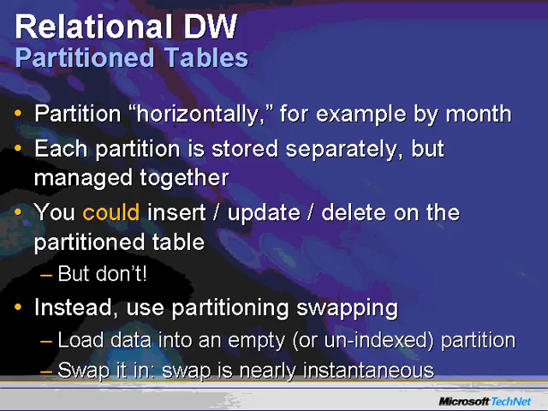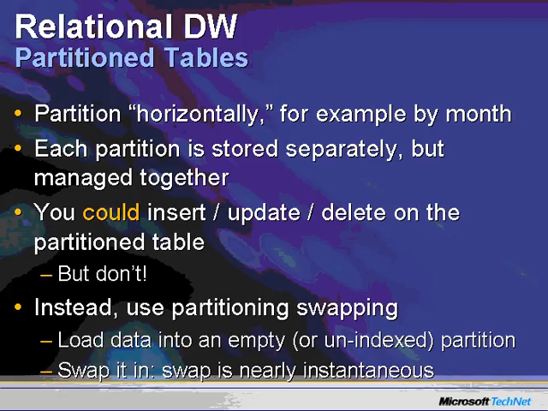Partition tables are a new feature of the Relational Data Warehouse in SQL Server 2005, and they do help us with this fast load problem. What we're talking about by partition tables is we break a table up effectively into different tables. So we partition horizontally, for example, by month, our fact table, and we have each month in a separate, under the covers, separate physical table.